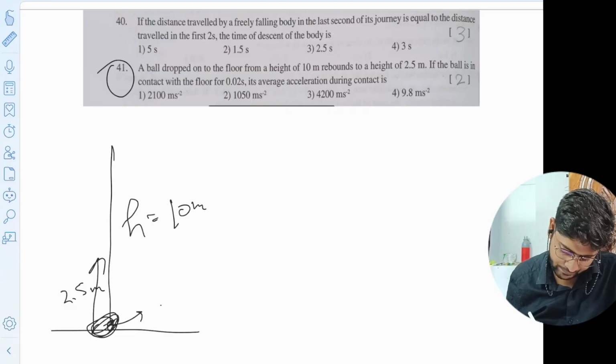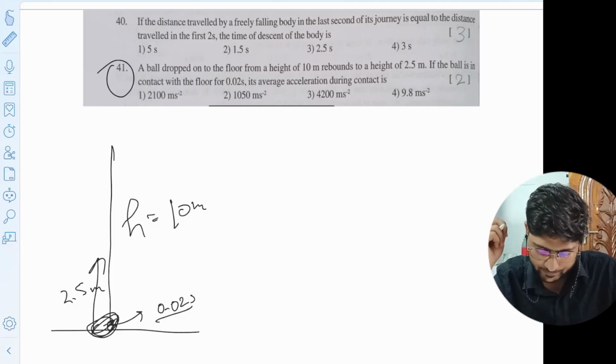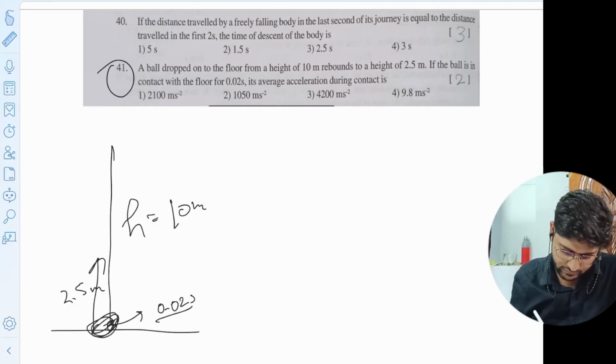The ball is in contact with the floor for how much time? 0.02 second. Its average acceleration during the contact. Average acceleration equals force, and force equals what? Change in momentum. So what do you have to do?